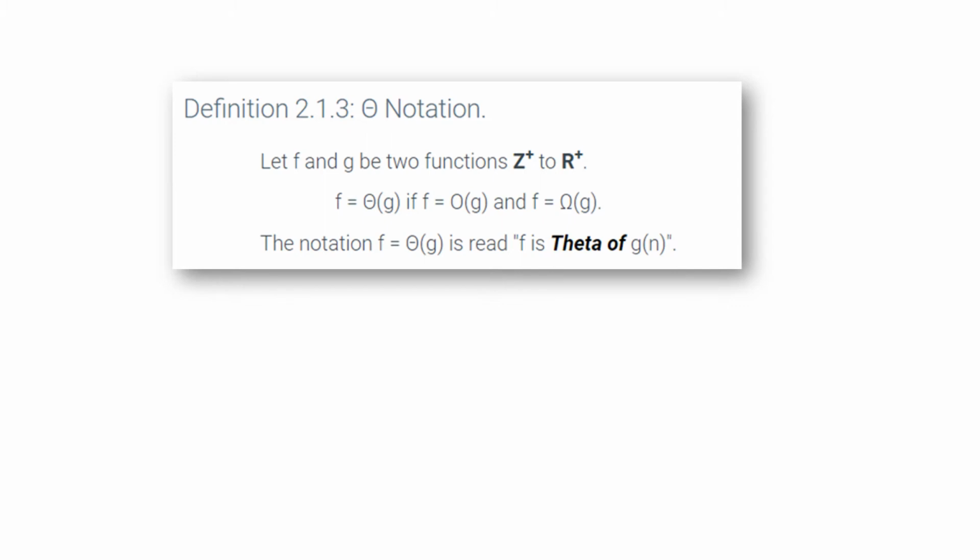If f is O of g and f is omega of g, then f is theta of g. So as long as we've proved those two, then we say, okay, it's theta of g.